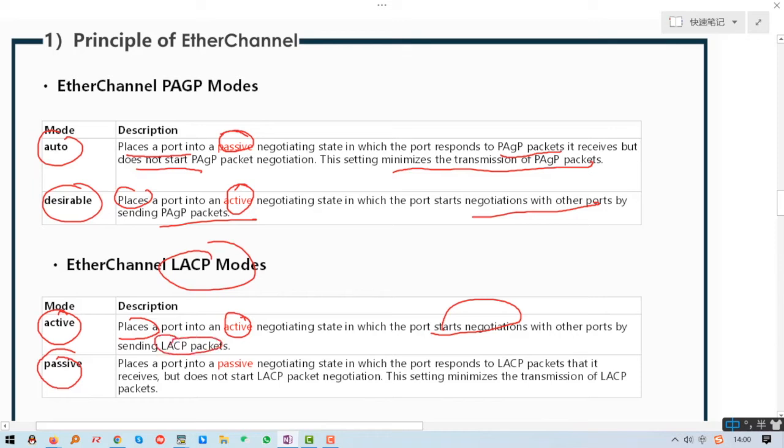And passive mode means placing a port into a passive negotiating state, in which the port responds to LACP packets that it receives, but doesn't start LACP packet negotiation. This setting minimizes the transmission of LACP packets.